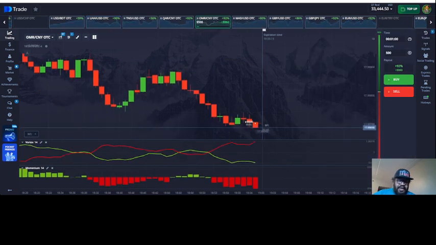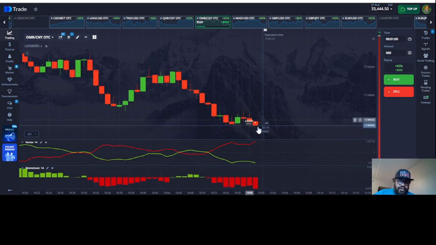Okay, so I'm back on the OMR CNY OTC pair, and here I just took another sell trade. The reason I took the sell trade, if we look at the price action, first of all, there's generally a bearish trend occurring in the price. Secondly, the vortex lines are showing a growing divergence here. Do you see that?